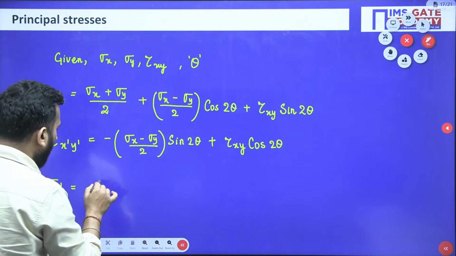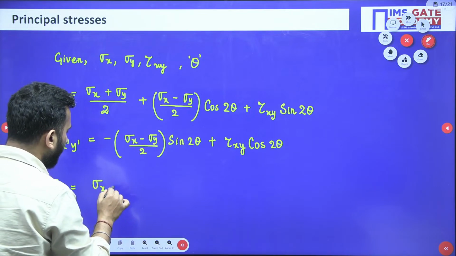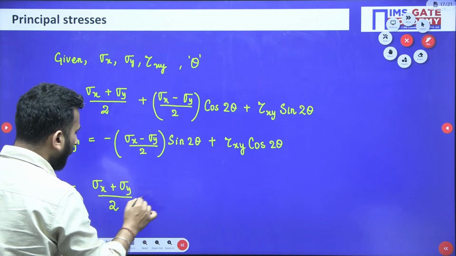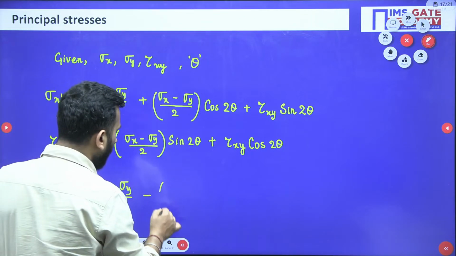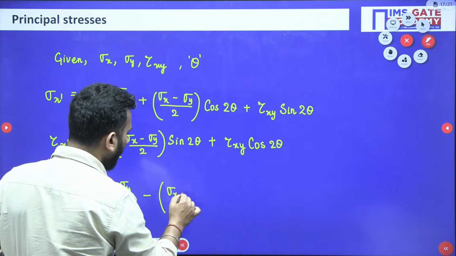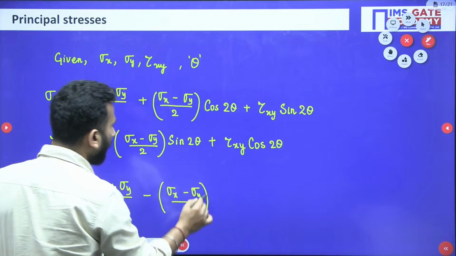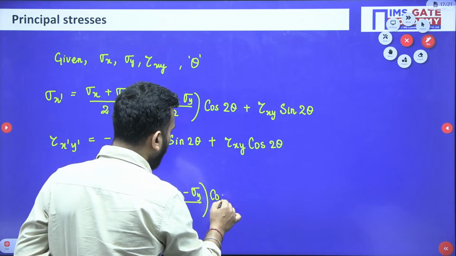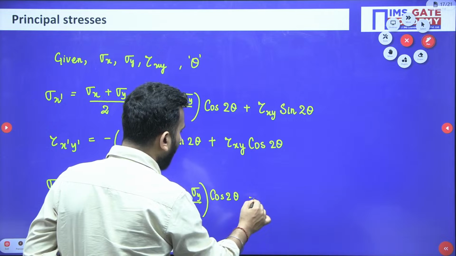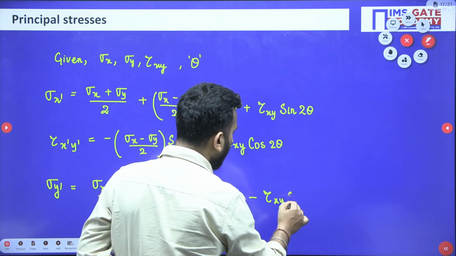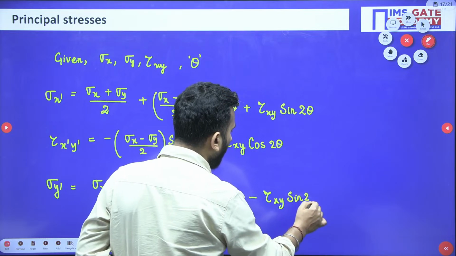So this equation will come out to be cos 2 theta minus tau xy sin 2 theta.